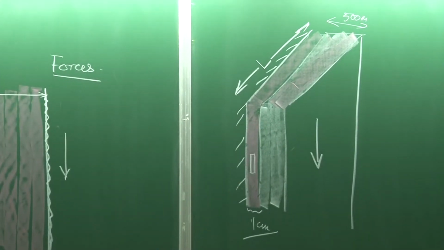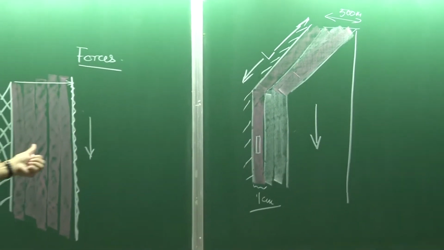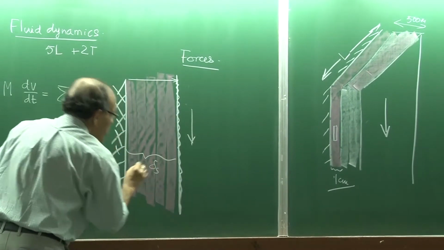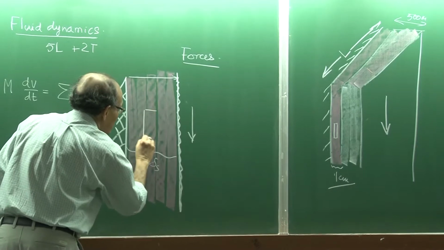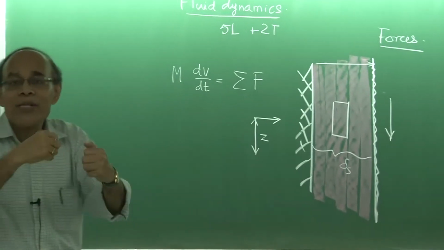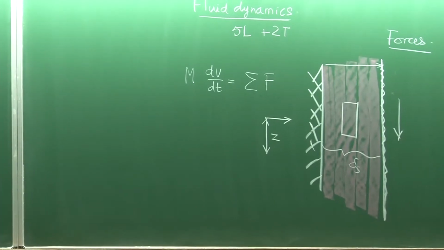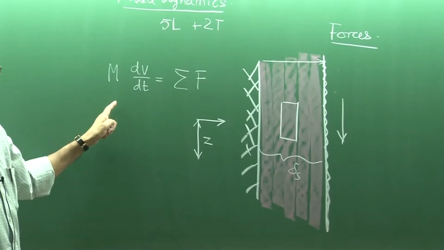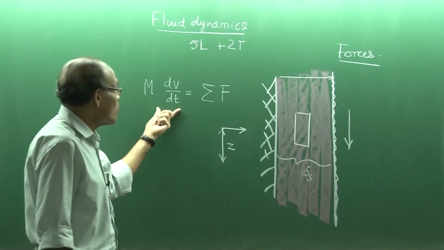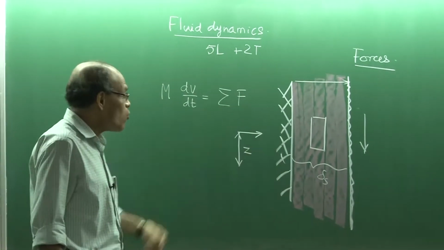So, it is a frontal view of the setup where you can see the film, and this film may have a width of delta sub s. In that, I have drawn a control volume here, and I want to determine how much momentum is coming in and how much momentum is going out. So, here it says that the net rate of change of momentum is equal to the sum of the forces which are acting.